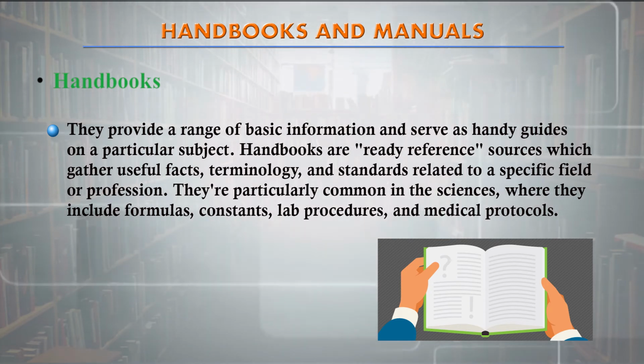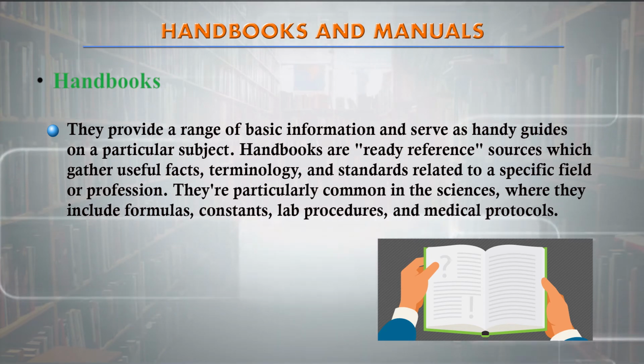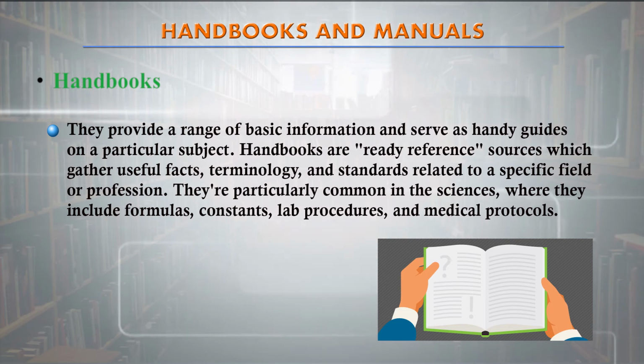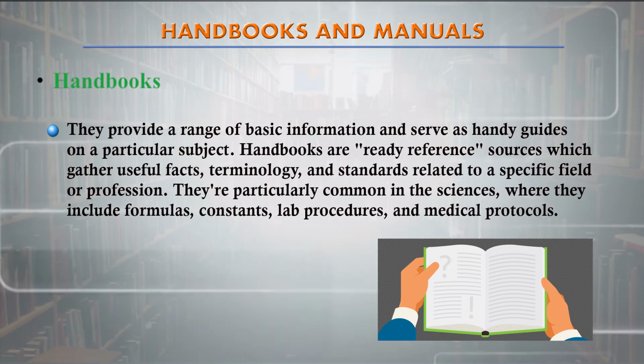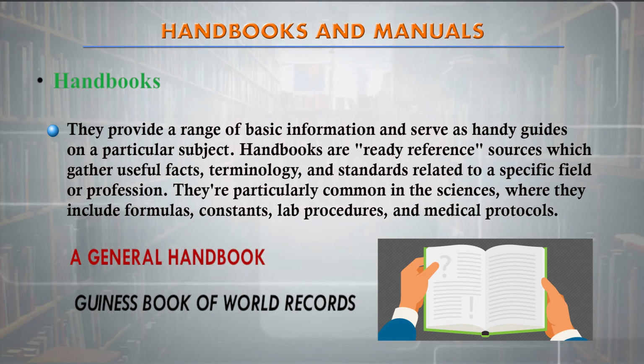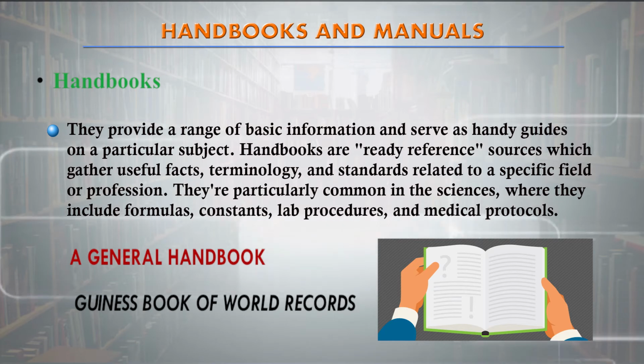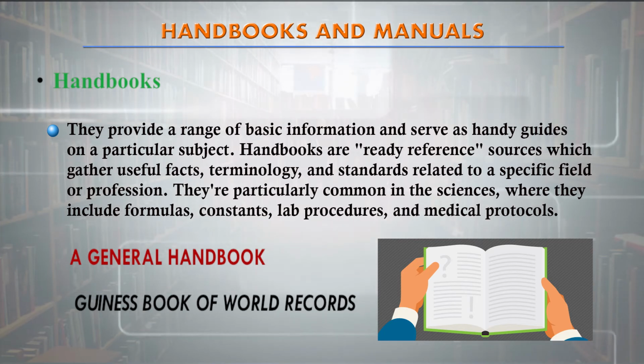They are particularly common in fields like the sciences, where they include formulas, lab procedures, medical protocols and other related information. For example, Guinness Book of World Records. It is a very famous handbook. It is a kind of general handbook.